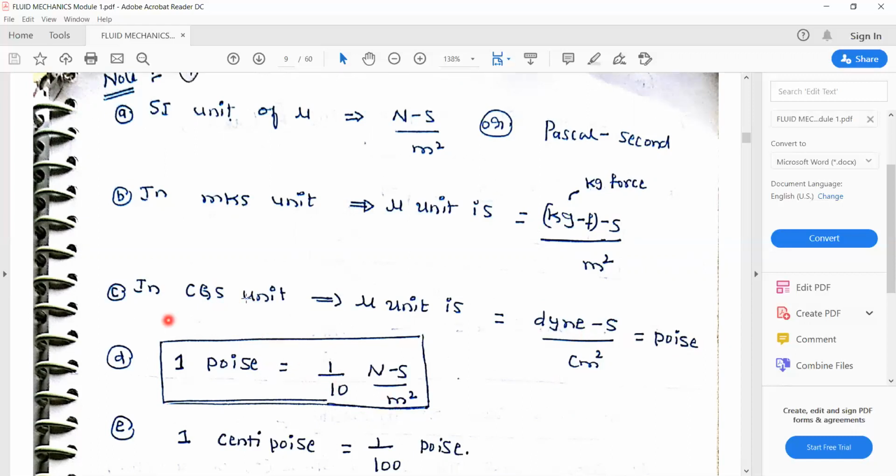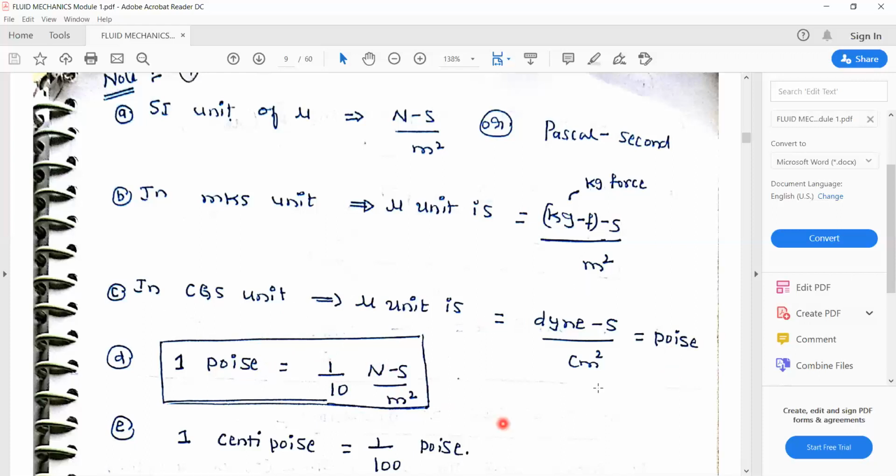In the problem sometimes they give in terms of CGS unit, but usually to solve the numericals we use SI units only. To convert poise into SI unit, we use this conversion: 1 dyne second per centimeter square is 1 poise, which is equal to 1 by 10 Newton second per meter square.